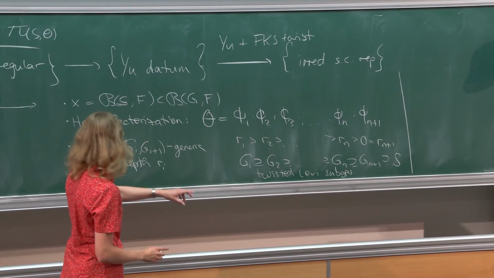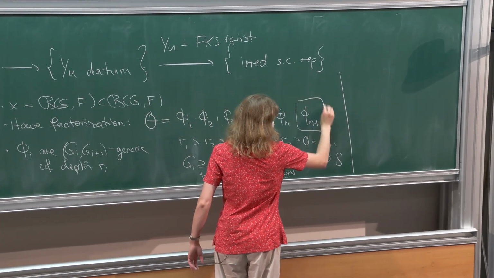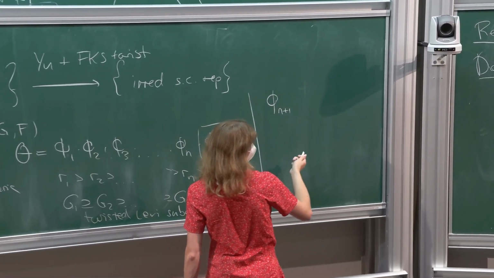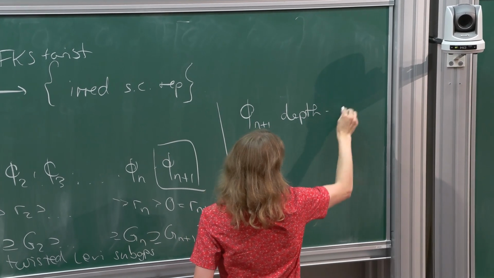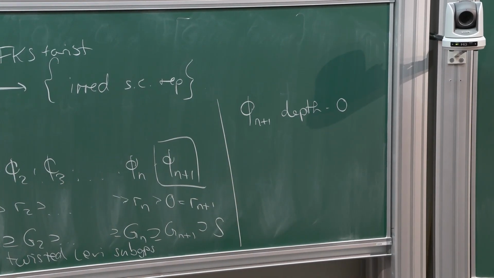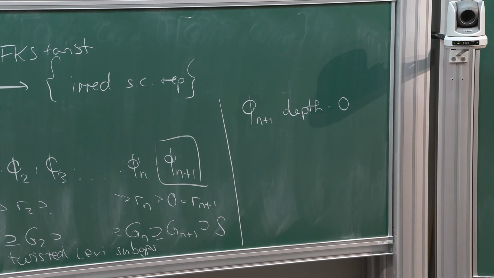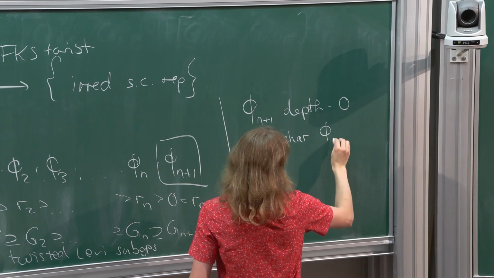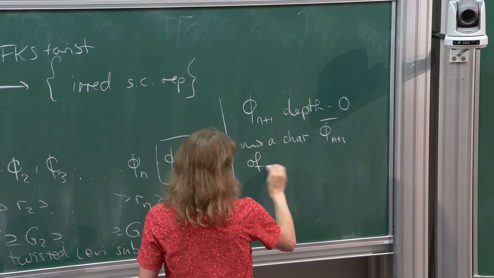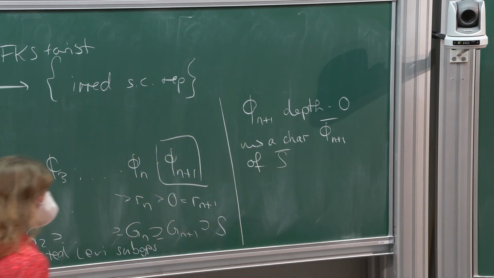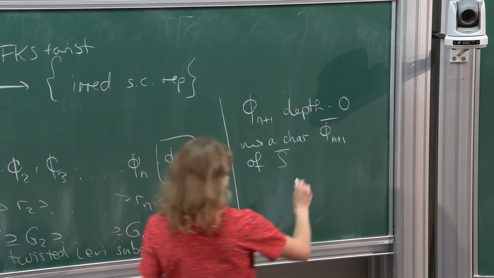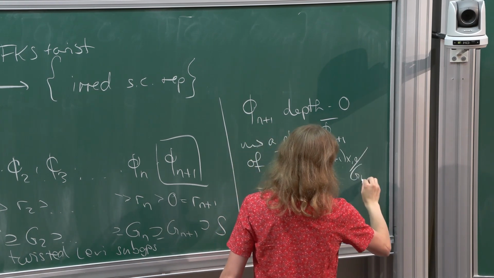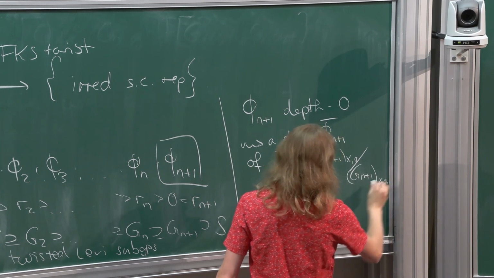Well, there's one piece of information that we haven't really used yet, which is this weird phi n plus 1. And this last character, this phi n plus 1, is of depth 0. And this actually provides us with a character, let's call it phi n plus 1 bar, of S bar, a torus inside the reductive quotient Gn plus 1 x0 mod Gn plus 1 x0 plus.